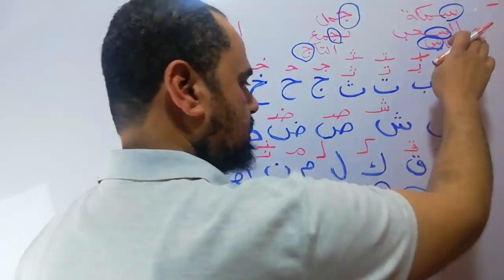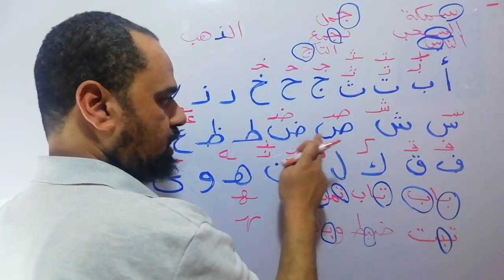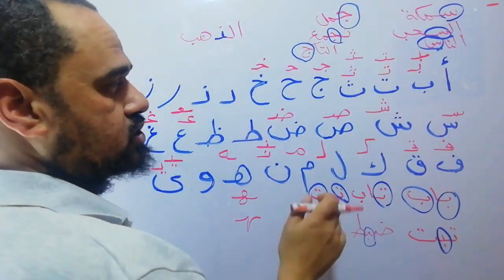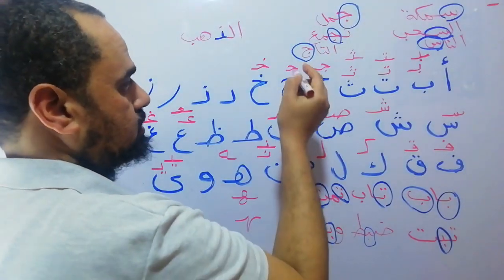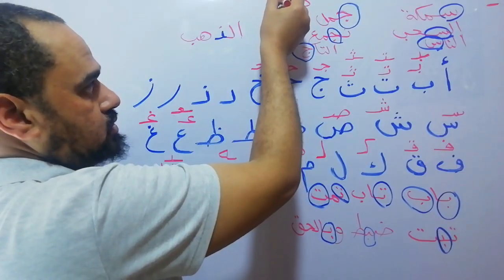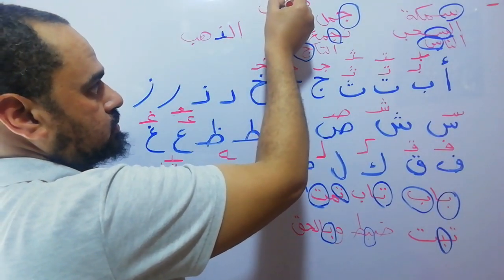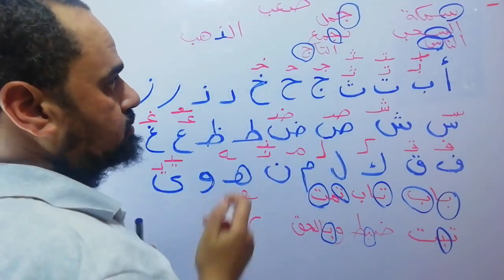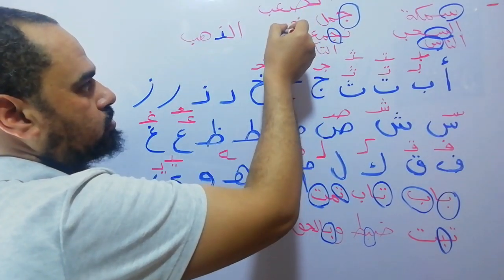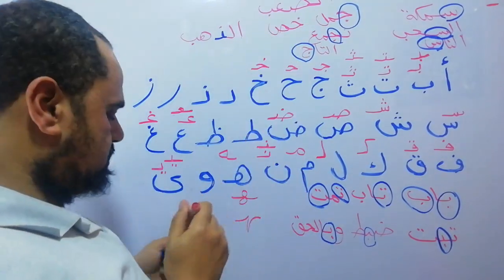Shin is the same. Those two letters, Sad and Dad, also the same. Like this is Sad, like that. Like that.